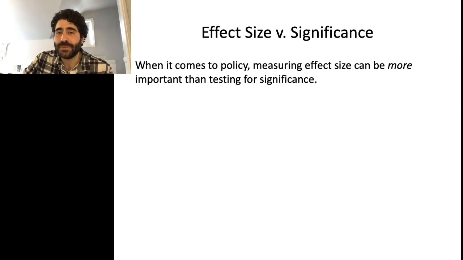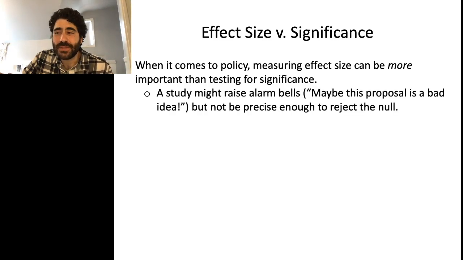Something to keep in mind for making actual decisions based on data is that effect sizes can sometimes be almost more important than significance. There might be a very tiny study, because we didn't have the time or ability to do a big one, that isn't passing our significance tests, but we're seeing a really big effect size.